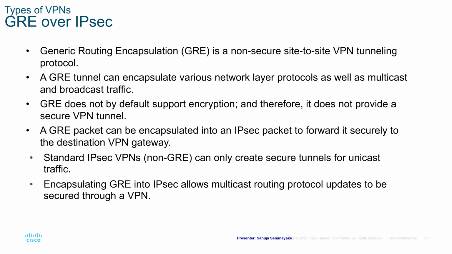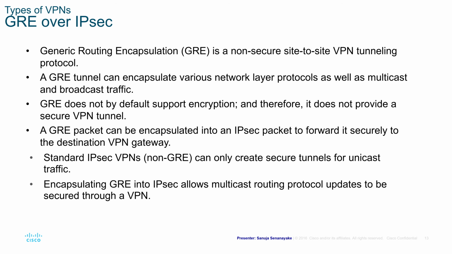So you can use GRE in combination with IPsec in order to secure that data. Standard IPsec VPNs, which are non-GRE, can only create secure tunnels for unicast traffic. Encapsulating GRE into IPsec allows multicast routing protocol updates to be secure through VPN.